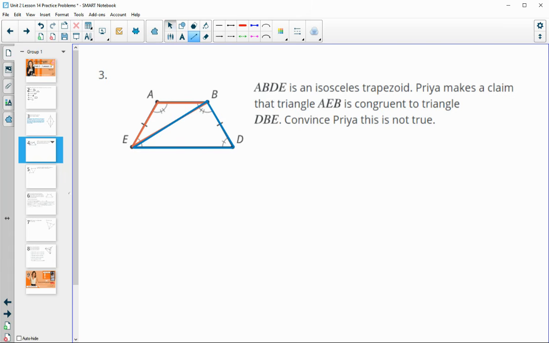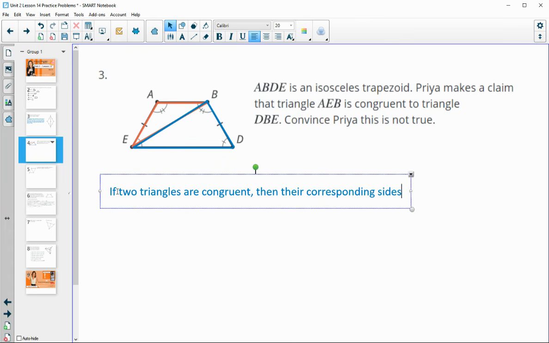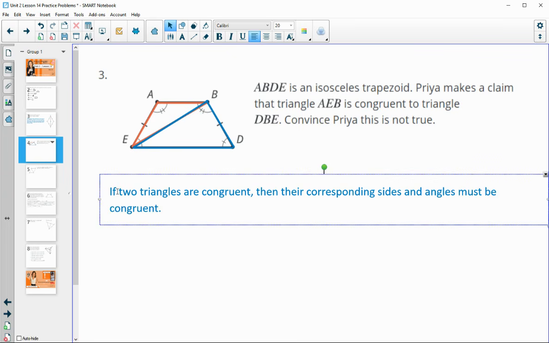And you have multiple different ways that you can convince her. So if your explanation isn't exactly like mine, that doesn't mean that it's wrong. But if 2 triangles are congruent, then their corresponding sides and angles must be congruent.